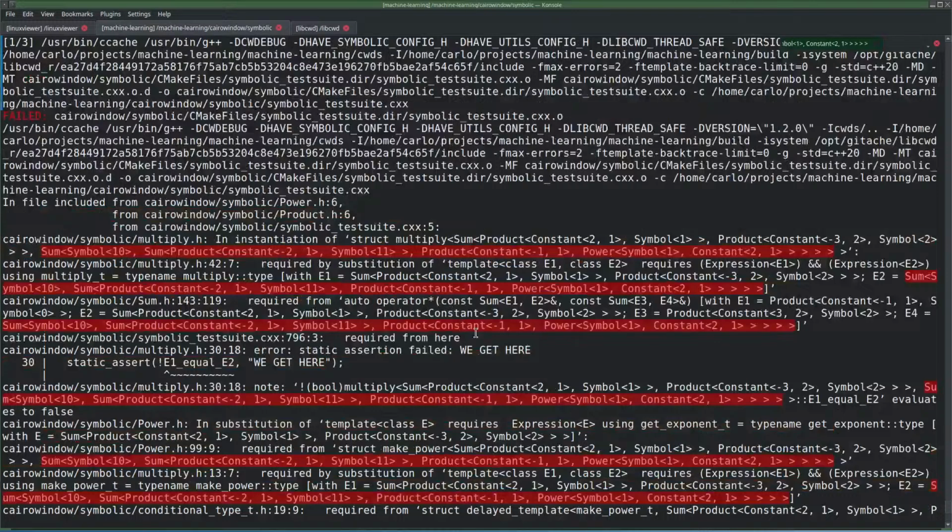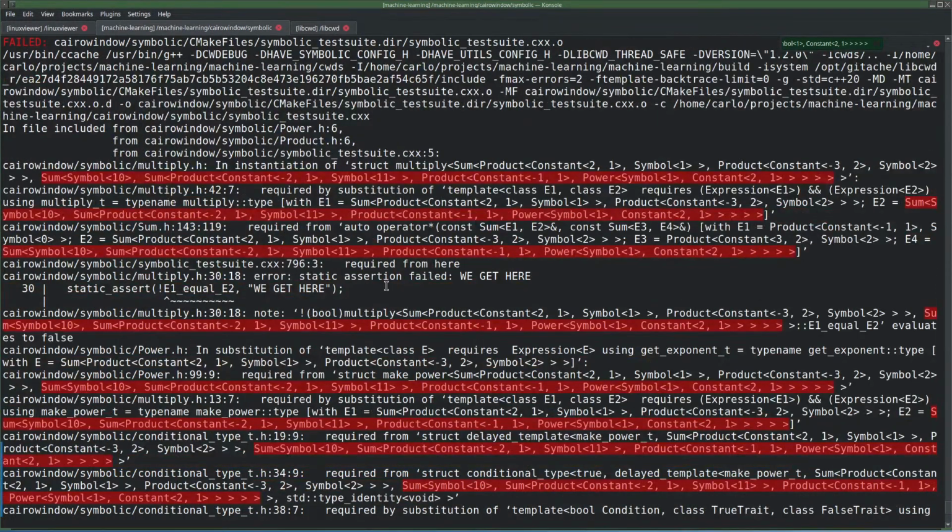Don't tell me that didn't work. Yeah, now it's two sums.